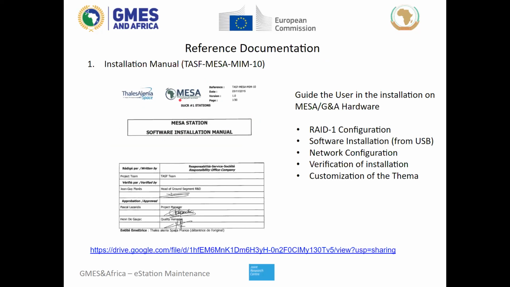So one of the important reference document is the Mesa Station's software installation manual. So this is available also within the Mesa Station under the eStation folder. So from the file directory, I also showed this morning the document folder where all the reference documents are put in place.